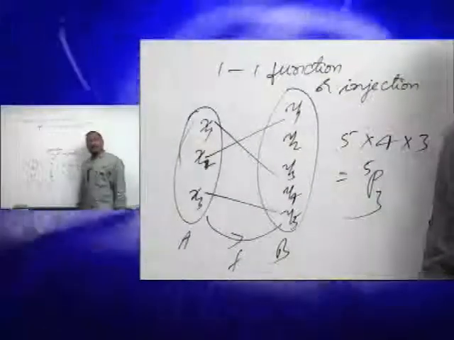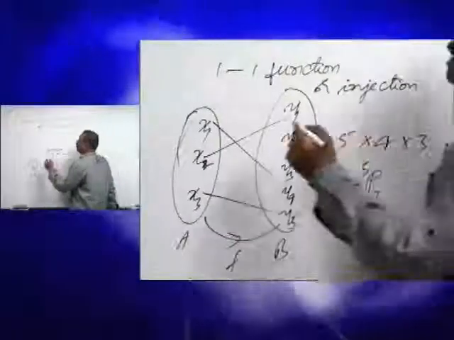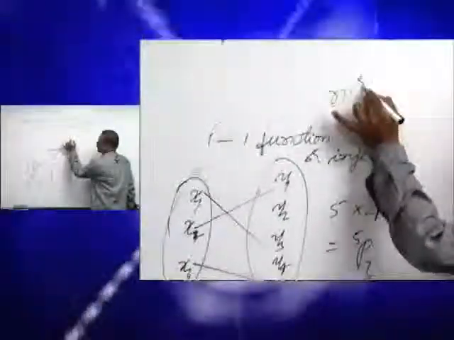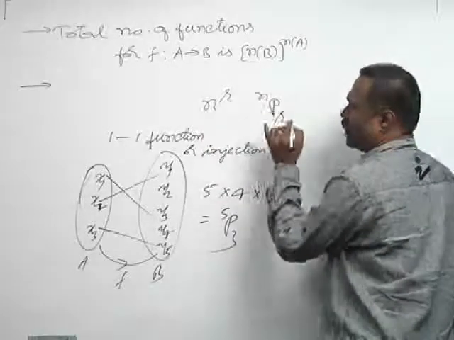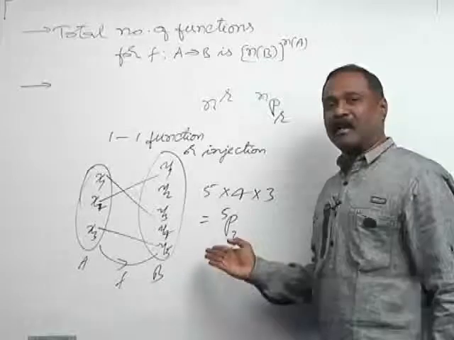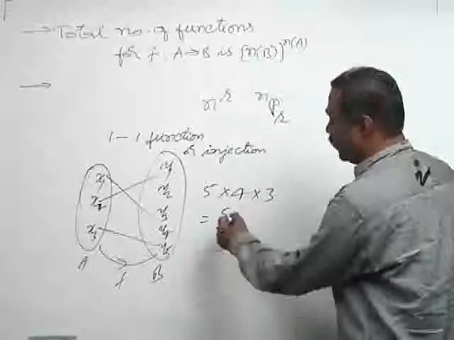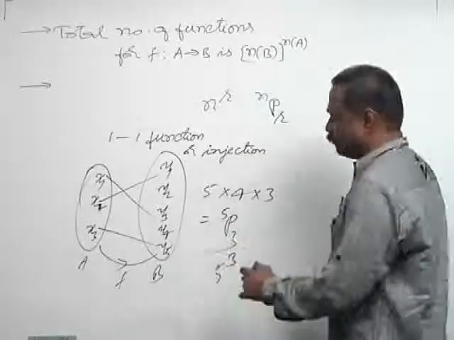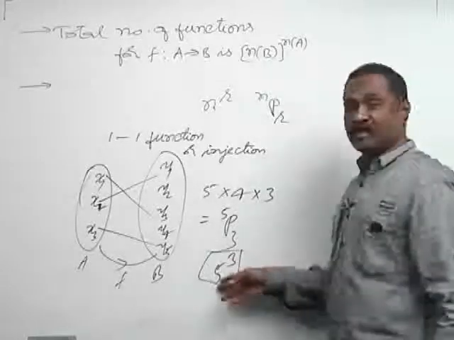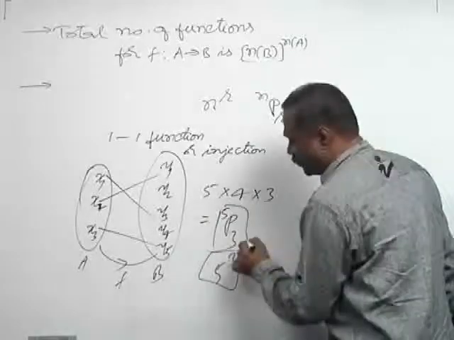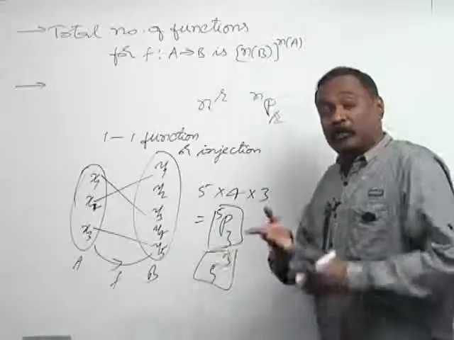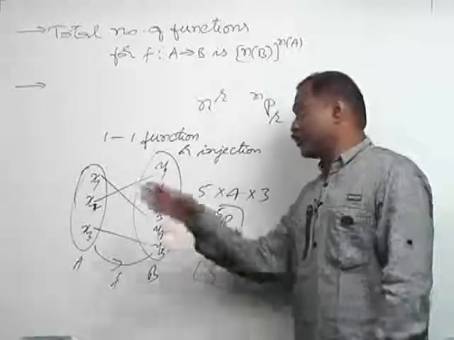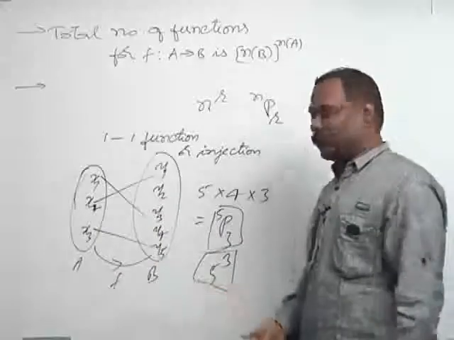So what we have derived will be clear now for you. The difference between n power r and nPr is clear now. Previously, we derived the number of functions to be 5 cubed. But the number of 1-1 functions is 5P3. That means without repetition, it is the number of 1-1 functions.